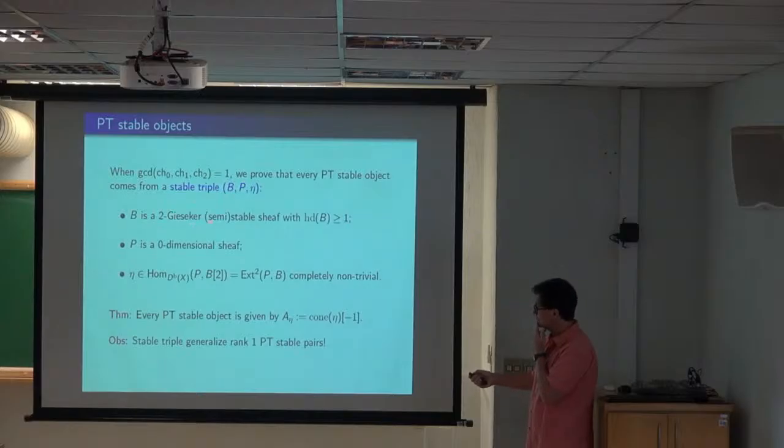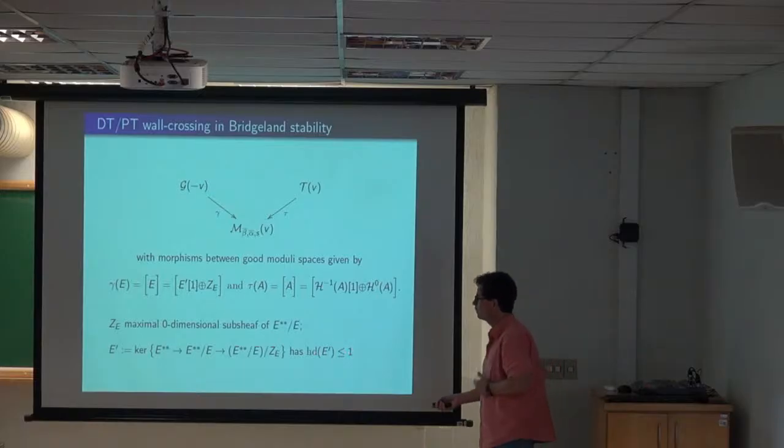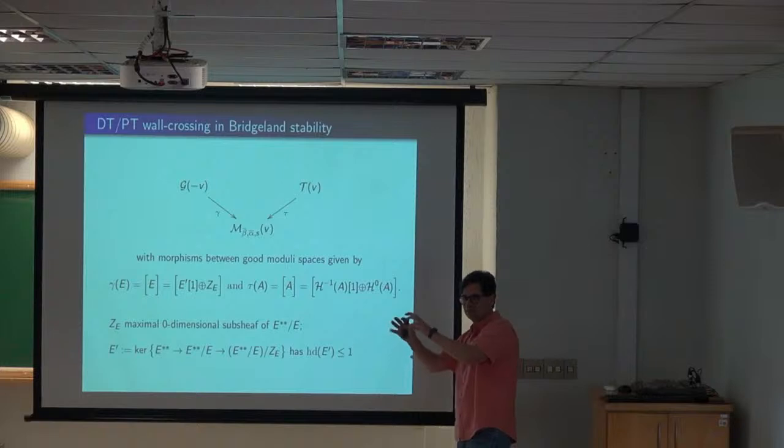It's Gieseker semi-stable and has homological dimension at most 1. So it takes the sheaf and decomposes it into these two bits, the E' and the Z_E, and rearranges these two bits in some other way inside the derived category.